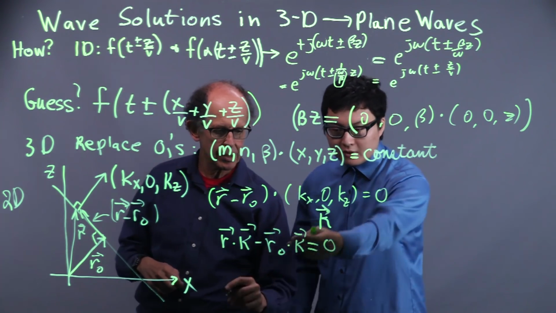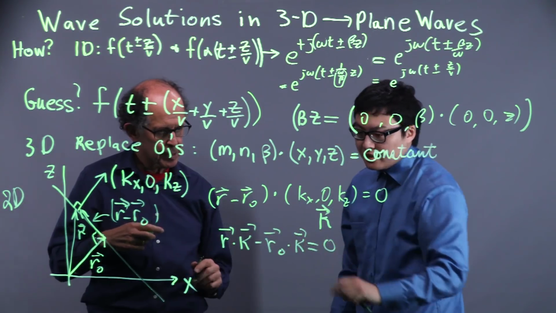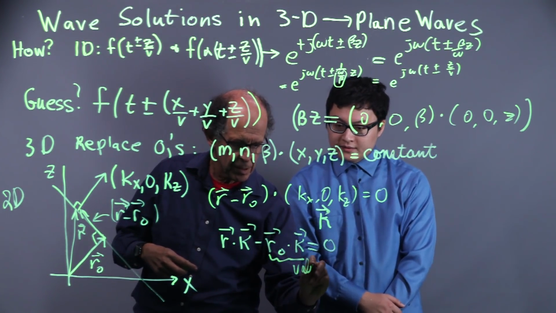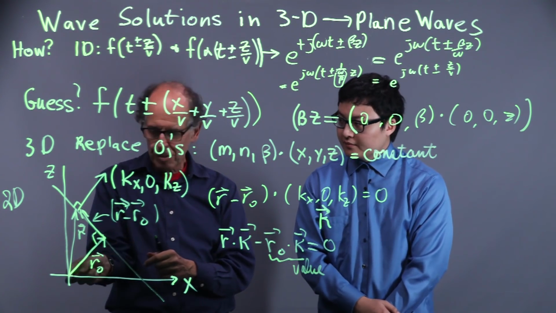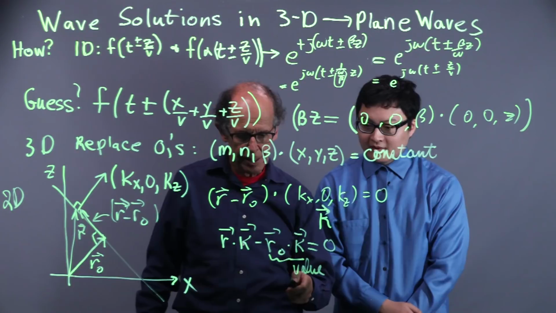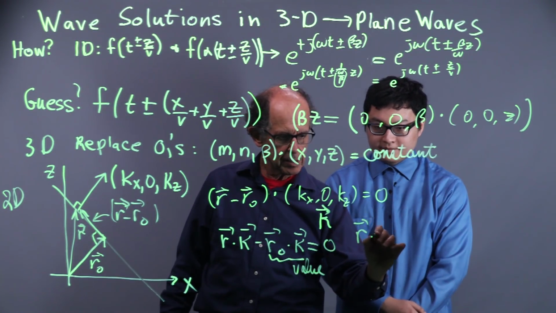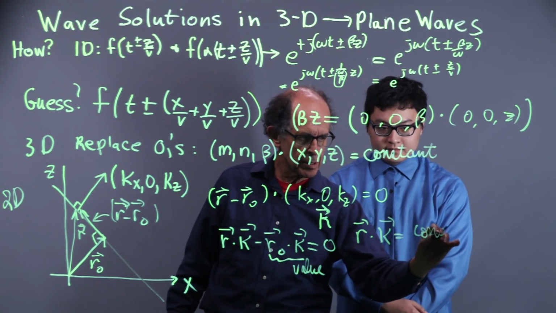But we already know where R0 is, so we can actually evaluate this dot product and get a value out of it. This is a value that's fixed on that line, because R0 is fixed from the origin to the line. And so we got R dot K is equal to a constant.